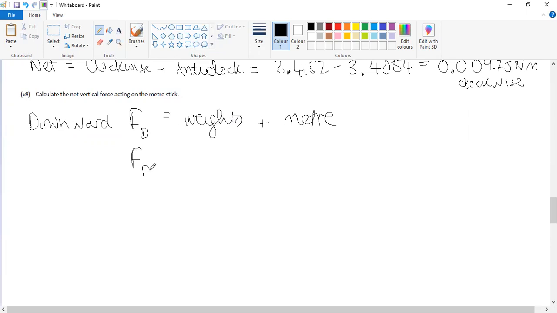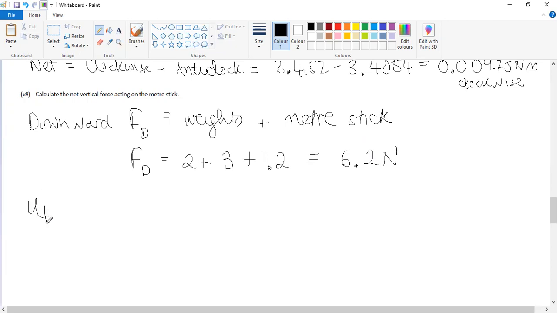So I can say my weight 1 was exactly 2 newtons, my weight 2 was 3 newtons, and my meter stick was 1.2 newtons. And that's quite simply 6.2 newtons. That's just adding on your calculator, and I'd be worried if we weren't able to do that now.